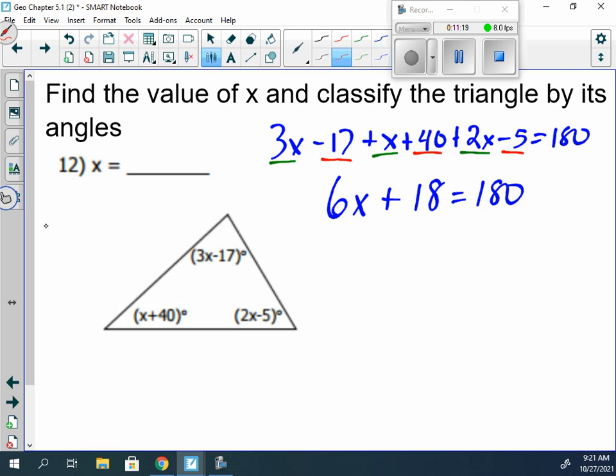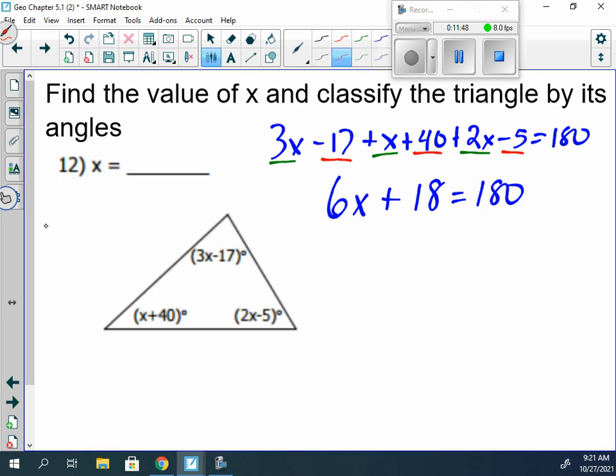So would you just do like negative 17 plus 40 minus 5? Yes. We could do it that way, or we can do 40 minus 17 minus 5. Any of those in any order would work. Because we can do negative 5 minus 17, which would be negative 22. 40 minus 22 would still be 18. So any way you want to add or subtract to combine those like terms.